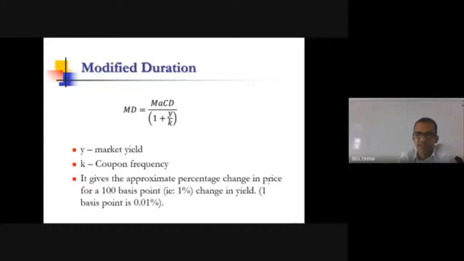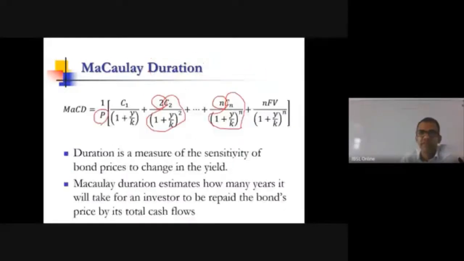Modified duration is a small adjustment to the Macaulay duration. This MACD is the Macaulay duration. We divide that Macaulay duration by 1 plus yield, and again this K is the coupon frequency. We have to do that adjustment everywhere. Even in the previous equation, you might notice that K is there.